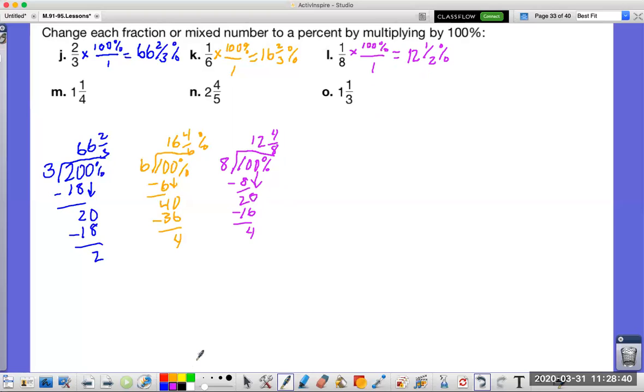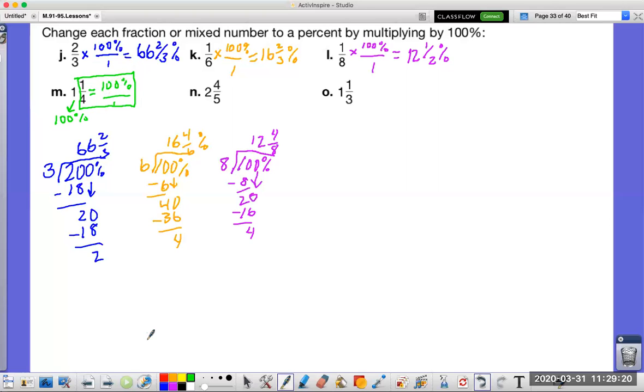Okay, let's do letter M. Let me pick green for this one, my favorite color. All right, in this case, I'm going to break it down like this again. I know that that's 100% because 1 or 2 or 3 is just times 100. So I'm just going to remember I've got to add 100% to this. And I'm going to do this fraction piece separately. Okay, so 1/4 times 100% over 1.